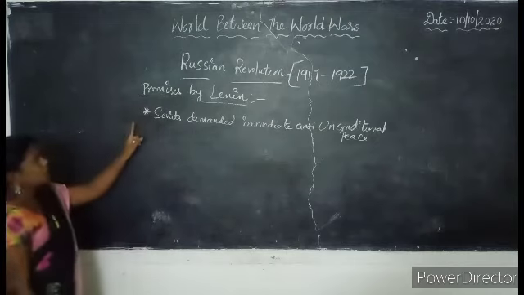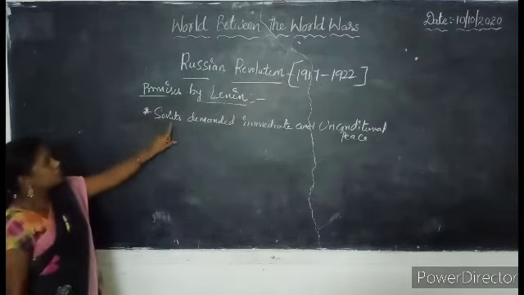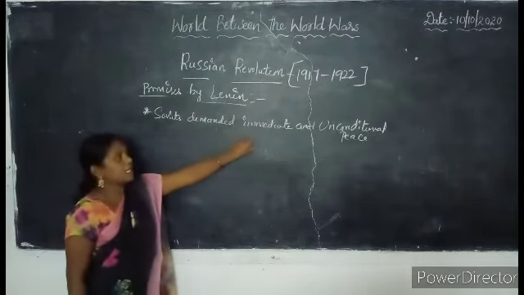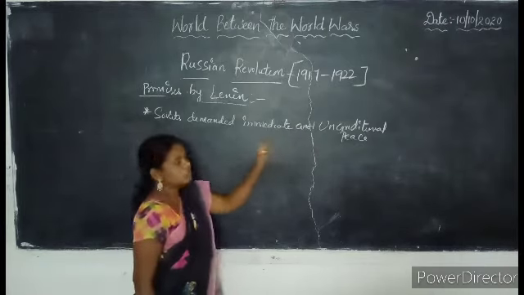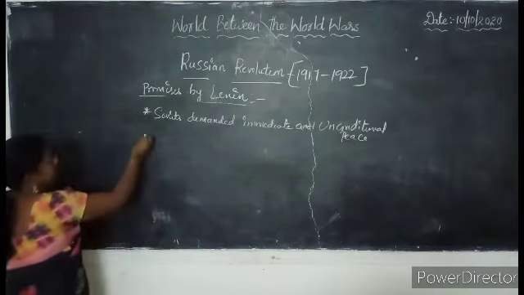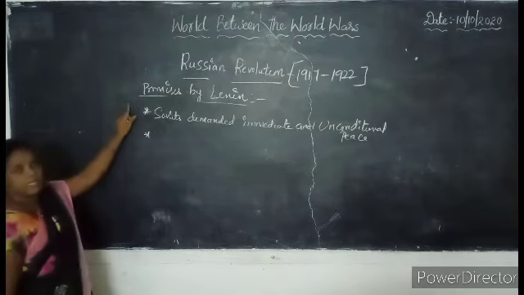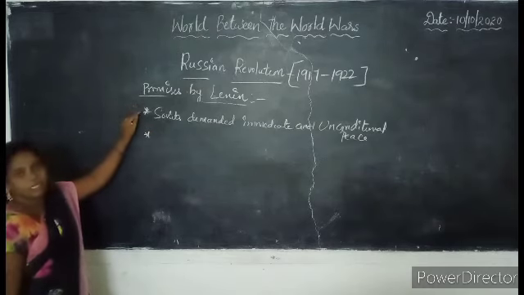So what are the promises? The Soviets demanded immediate and unconditional peace. The next demand, or the next promise by Lenin to the society, is redistribution of land.